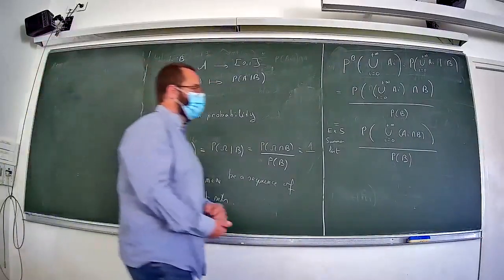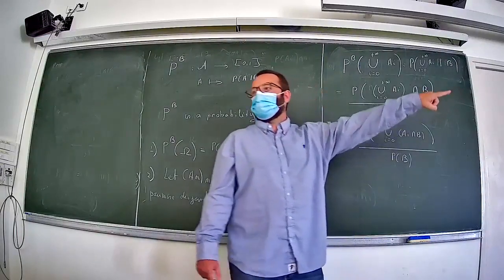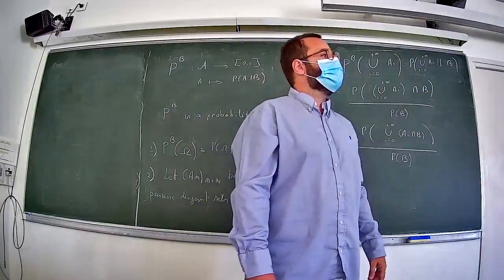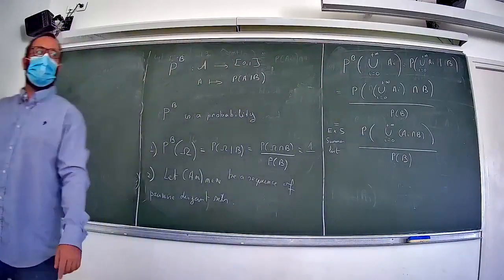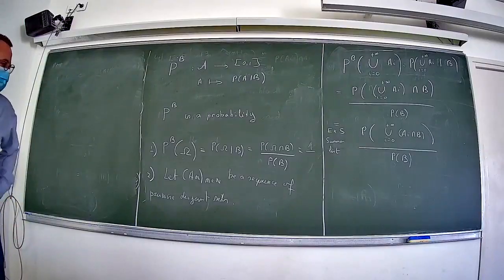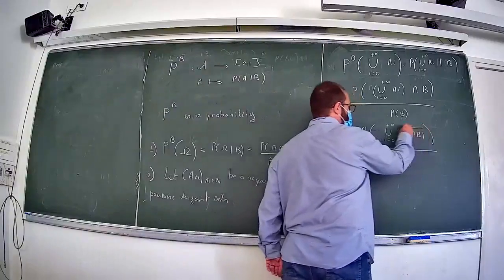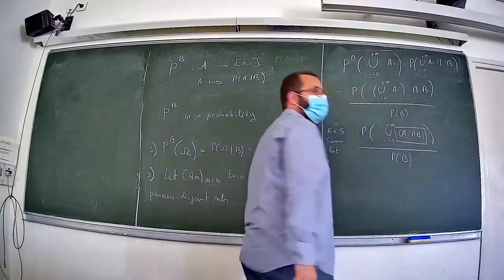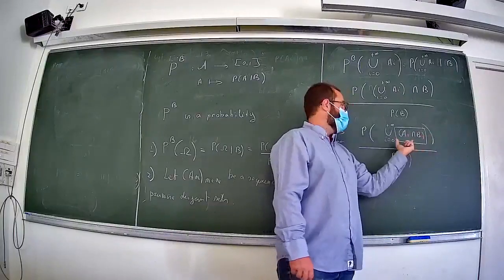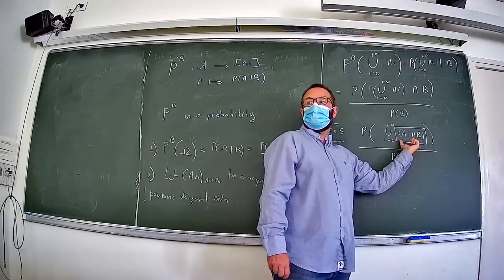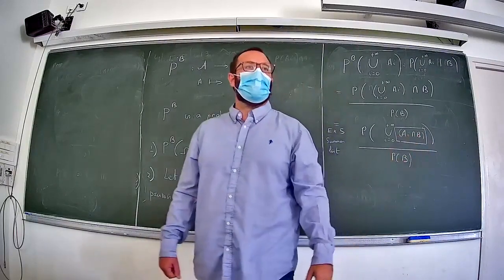But if I want to use a formula concerning P of the union, I have to come back to the definition, and I have a nice formula if they are pairwise disjoint. Is it the case? So I am interested in these sets here. If I want to use a formula of the type the probability of the union is equal to the sum of the probabilities, I have just to check that they are pairwise disjoint. My question is, are they pairwise disjoint? And if yes, why?